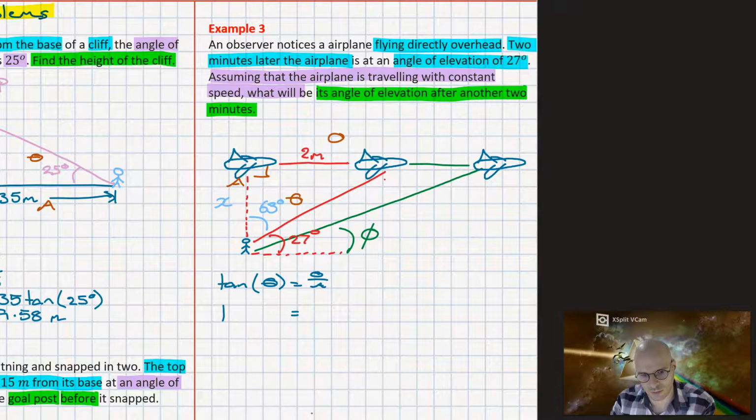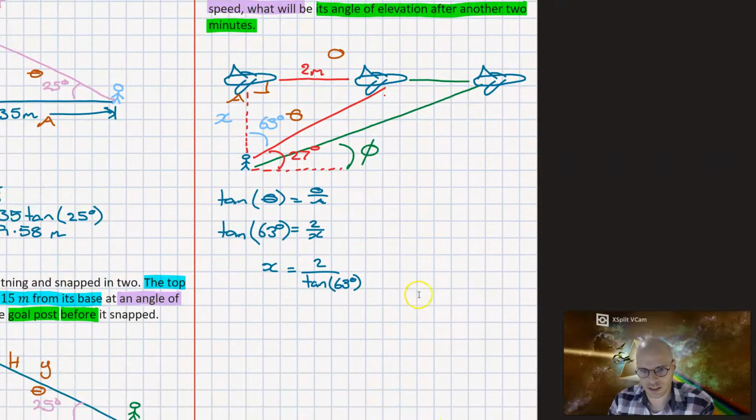Then this is going to come out to be tan 63 degrees, and that will be 2 over x. Rearranging, we're going to get x is equal to 2 over tan 63 degrees, like so. And this is going to be the height that the plane is at, so the altitude.